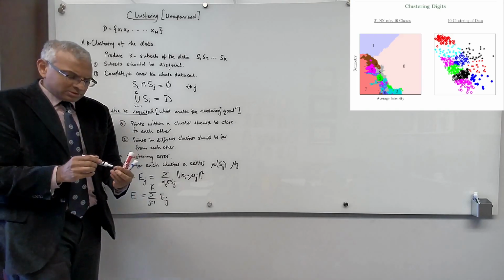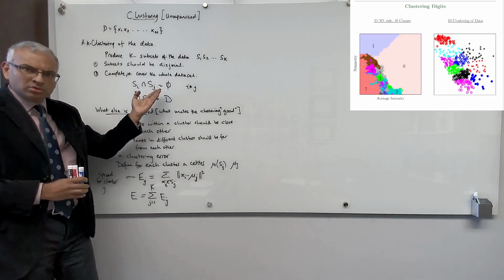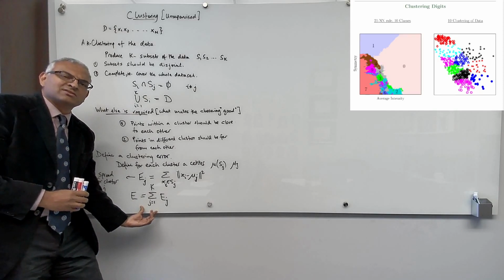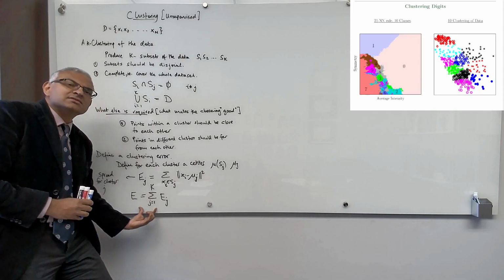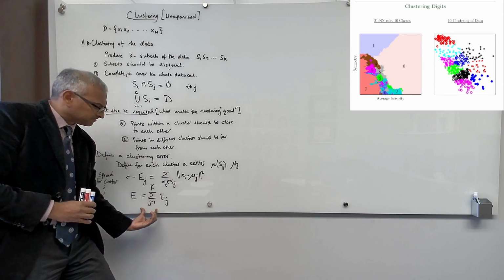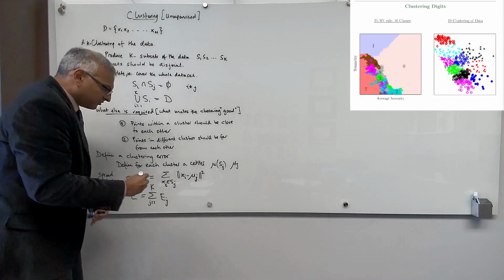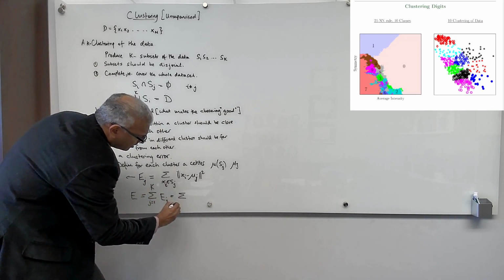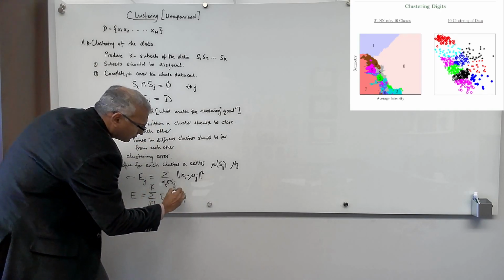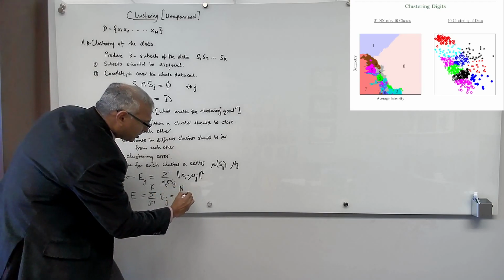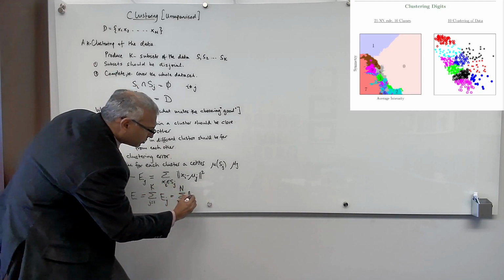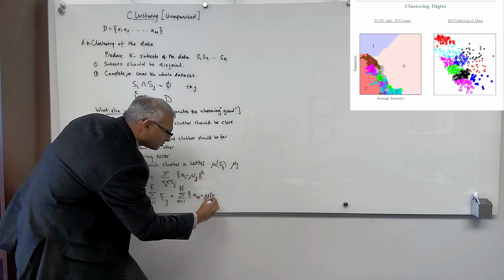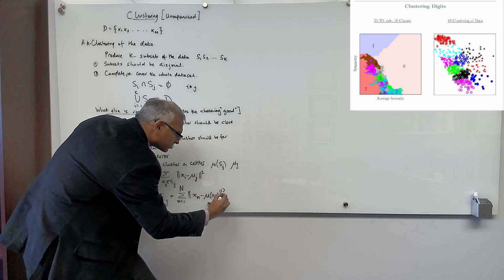We will say that a clustering is good, or optimal, if this error measure is as small as possible. You can think of this error measure as the sum over all data points, little n going from 1 to big N, of the distance between x sub n and the center corresponding to x sub n, squared.